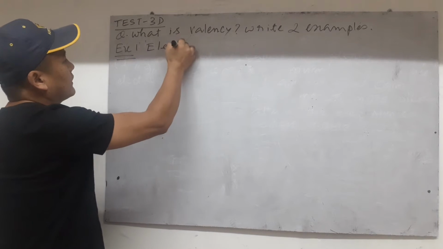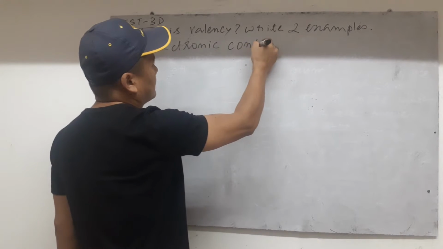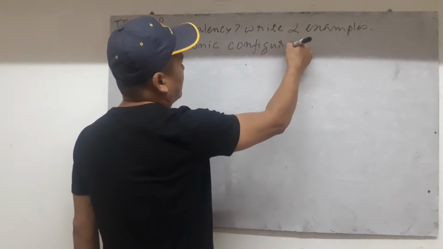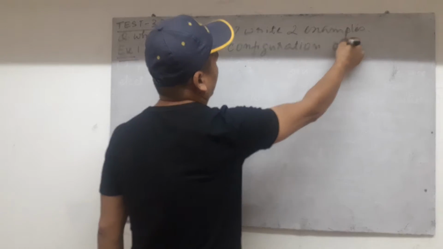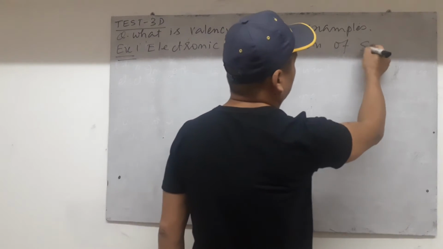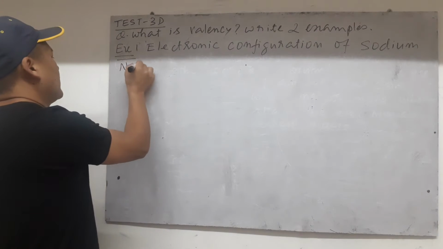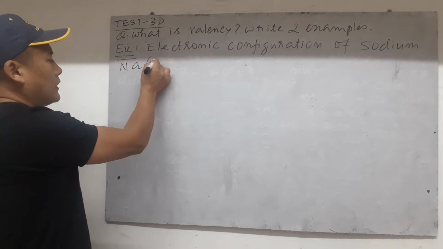Electronic configuration of sodium. Sodium, we know the symbol is Na. Electronic configuration of sodium, which is Na, is given by, according to the Bohr-Bury rule.